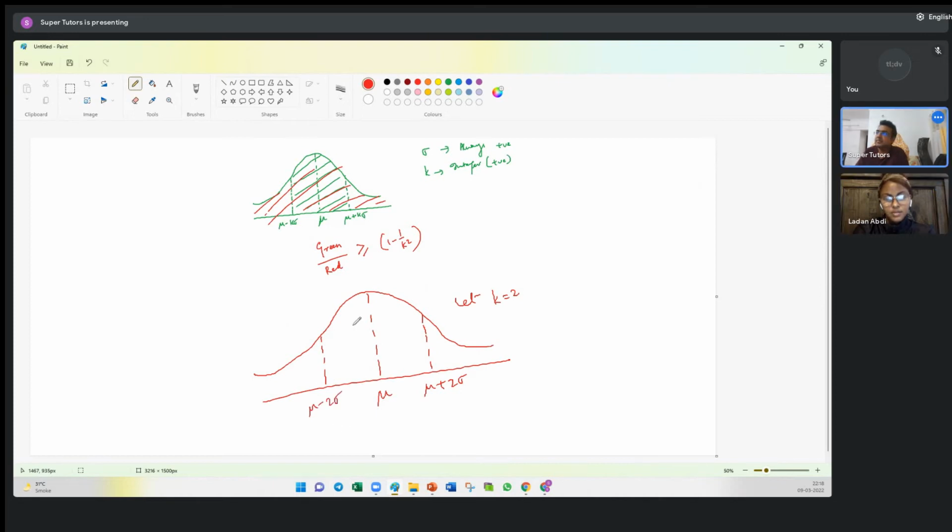Then this area, the red area upon total area, which is the total area under this curve, is greater than or equal to 1 minus 1 upon 2 square. Does that make sense? Is it straightforward?